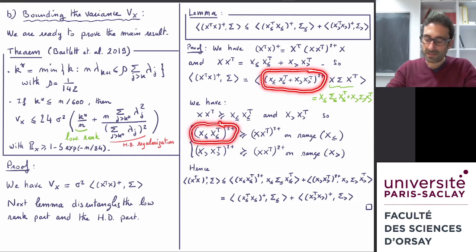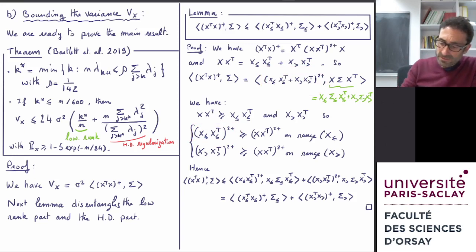By using this, I have this inequality, where I have replaced this by this, just by using this upper bound that holds on the range of this low dimensional part of X.